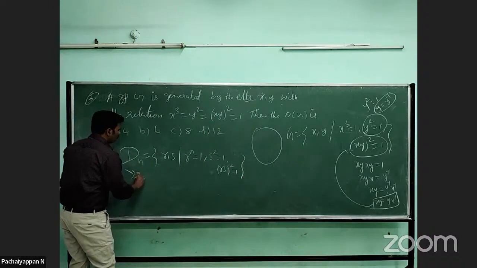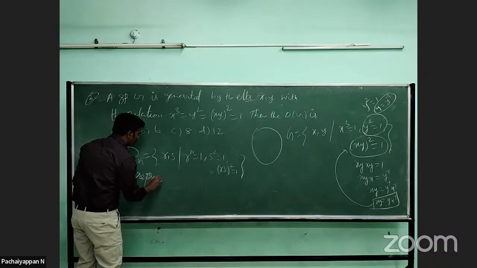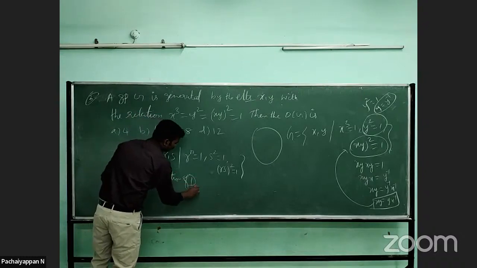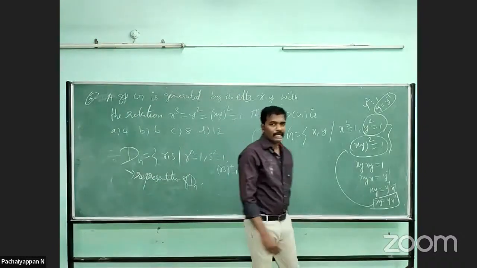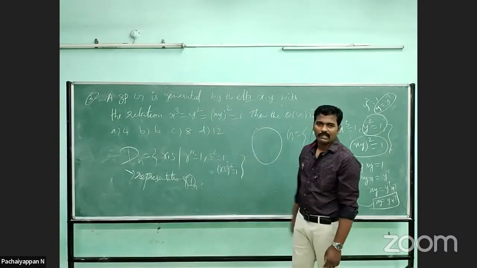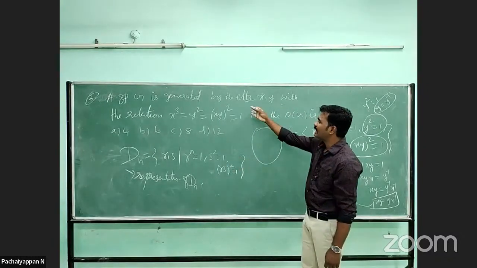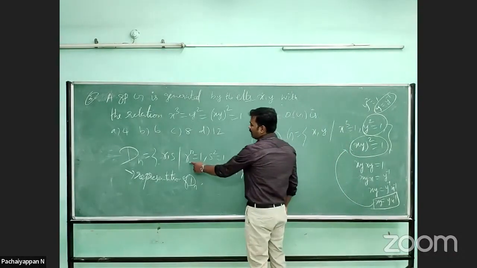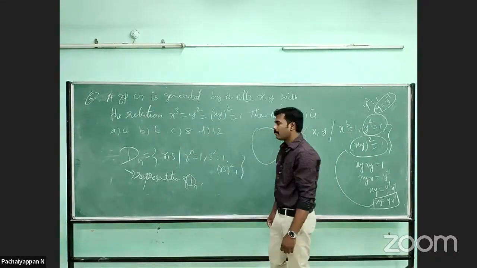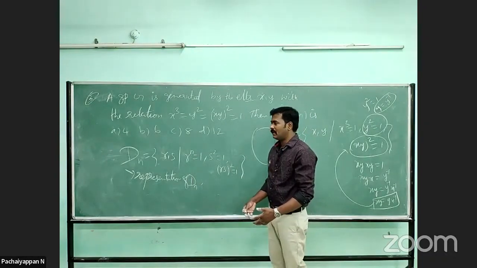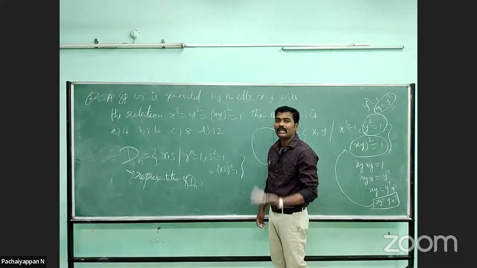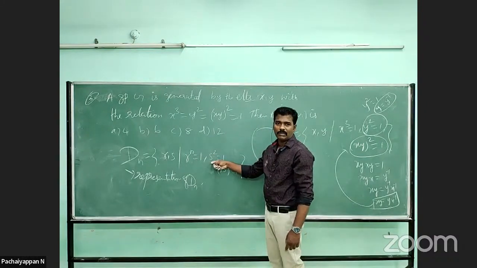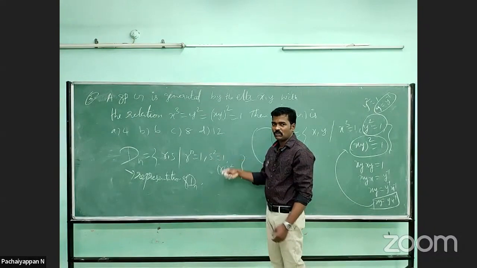This is a representation of Dn, one of the ways of representing Dn. So R is a rotation, S is a reflection. Dn is created by n rotations and n reflections. Rotation has this property and reflection has this property. Reflection is of order 2.